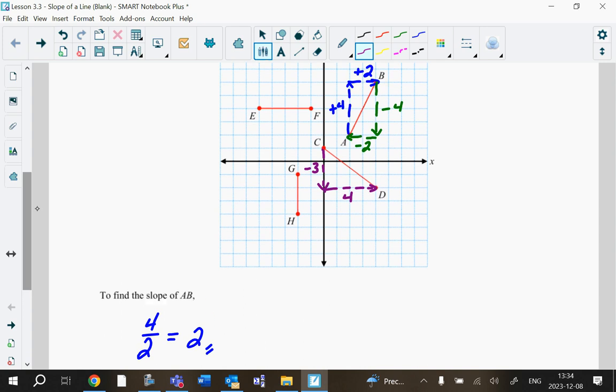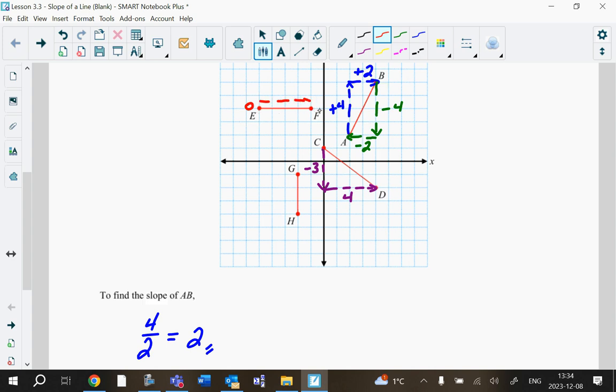These ones you've got to be careful with. EF. Start at E. How much do I rise to move from E to F? 0. I don't rise at all. How much do I run? 4.